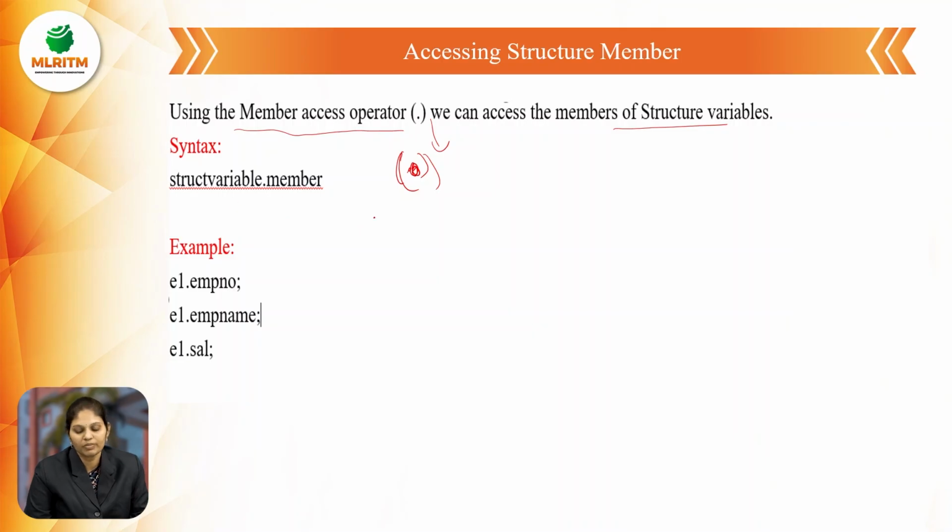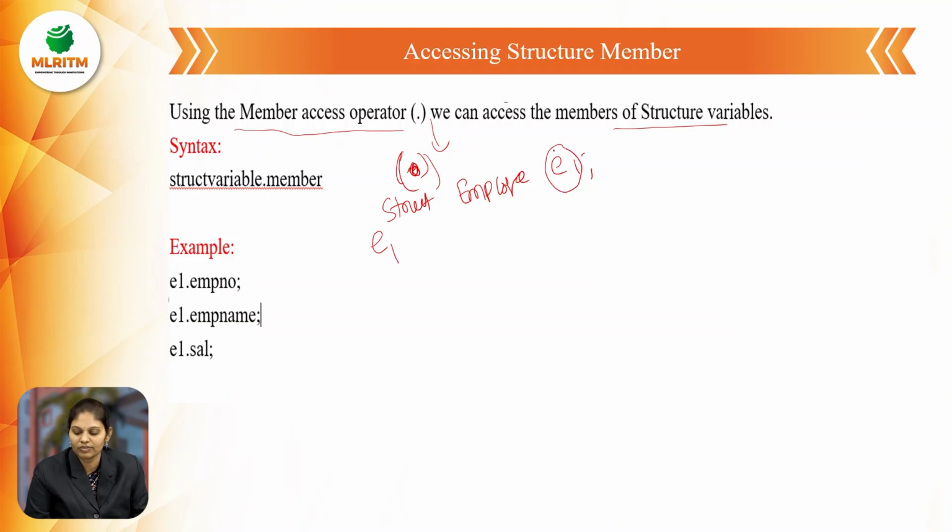Struct variable dot member. Suppose here I am creating the data type struct employee and the variable is e1. So how do we retrieve the elements and access the members in a structure?